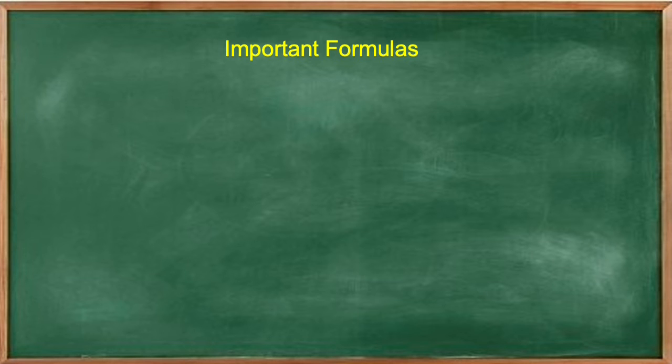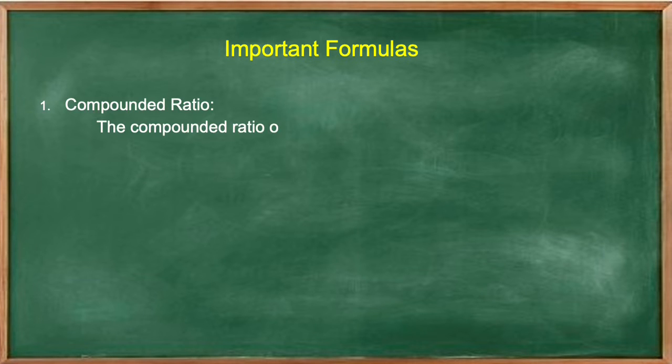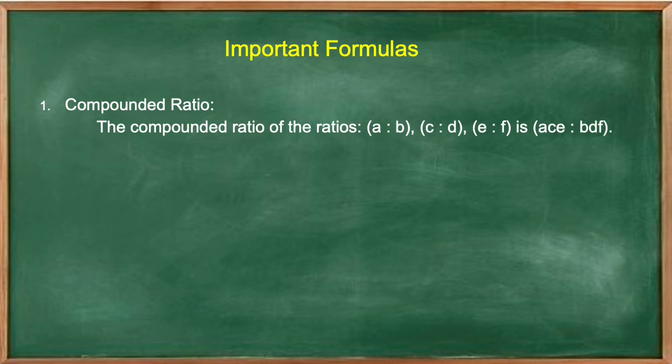We have some very useful and direct formulas in ratios, which are as follows. Number 1, compounded ratio. The compounded ratio of the ratios A is to B, C is to D, E is to F is ACE is to BDF. Number 2, duplicate ratio. A is to B becomes A square is to B square.